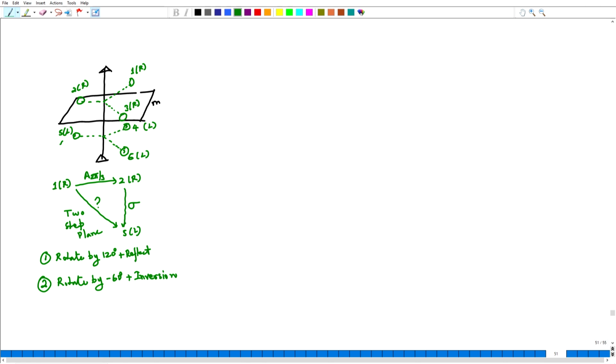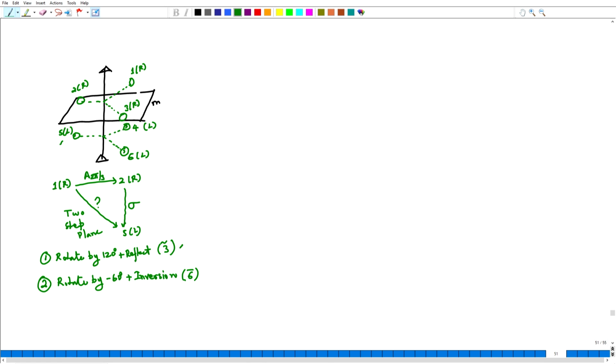So, rotate by 120 degrees, reflect: since it is a 120 degree rotation, we use the 3-fold notation, so 3 as the notation, and on top of that we put a curl or a tilde to represent that this is a 3-fold roto-reflection. In the second case, the rotation is 60 degrees, therefore the correct notation is 6 with a bar on top to show that this is roto-inversion.